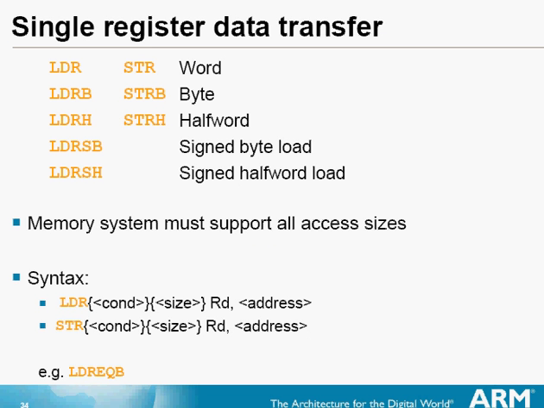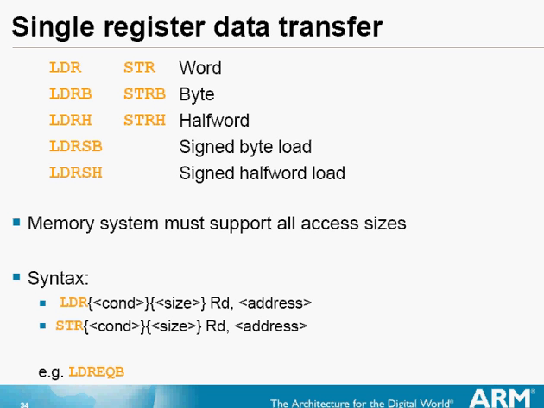Single register data transfer is like regular stuff. LDR is load, STR is store, word. Word means 32 bits wide. LDRB, STRB means 8 bits because this is a byte.